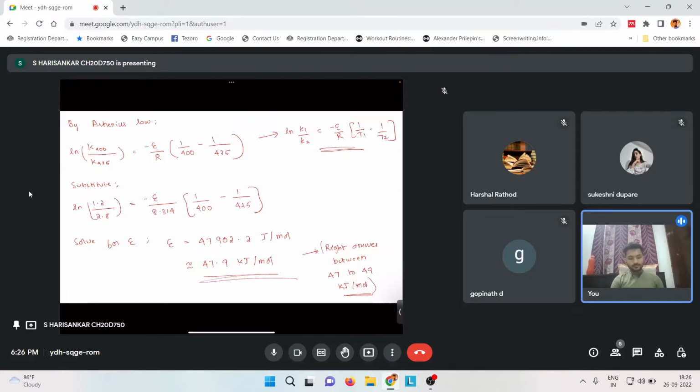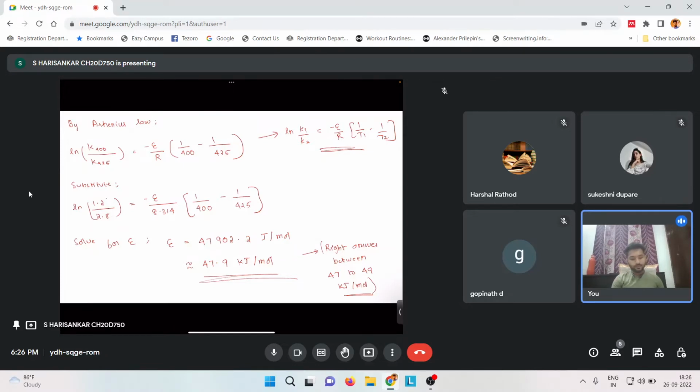Now just substitute all these values here, and we can solve this equation for E. So K 400 is 1.2, K 425 is 2.8, and that is equal to minus E by R, which is 8.314, into 1 by T1 or 1 by 400 minus 1 by T2, which is 1 by 425.